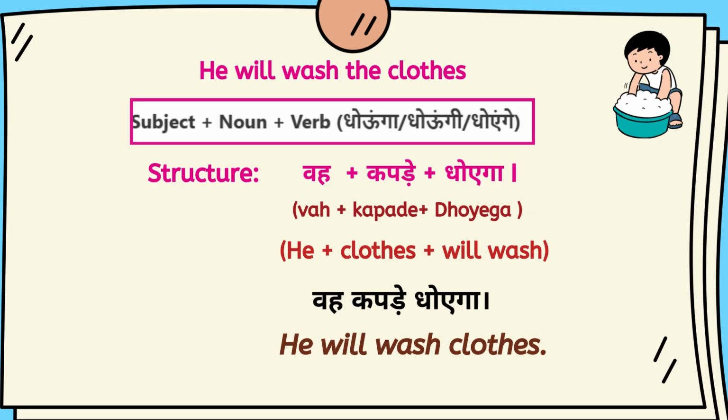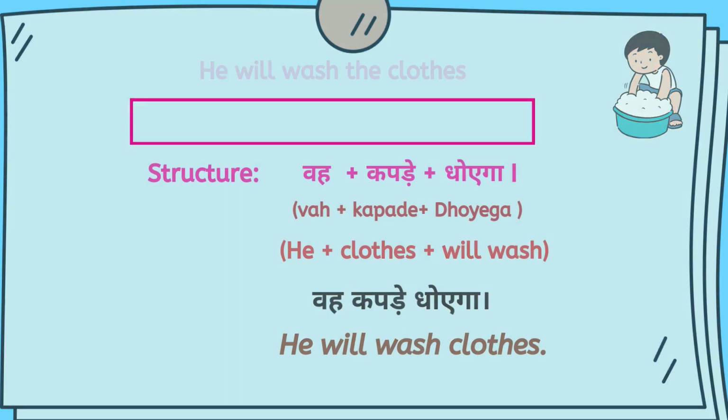And now we will say धोएगा and not धोएगी as in the previous example, because the एगा ending after धो indicates a singular masculine subject. So basically the person who is going to wash the clothes is a man, and that's why we say धोएगा. And so the sentence becomes वह कपड़े धोएगा.